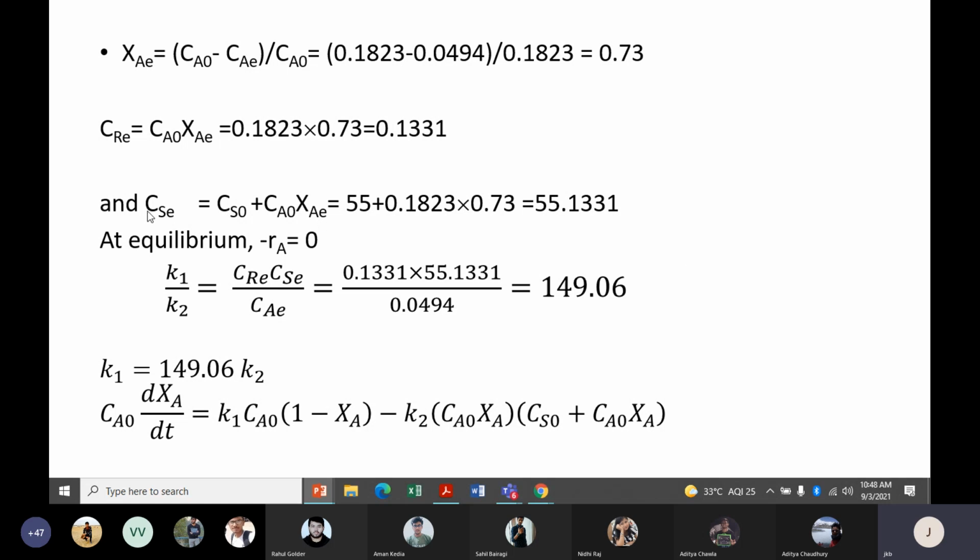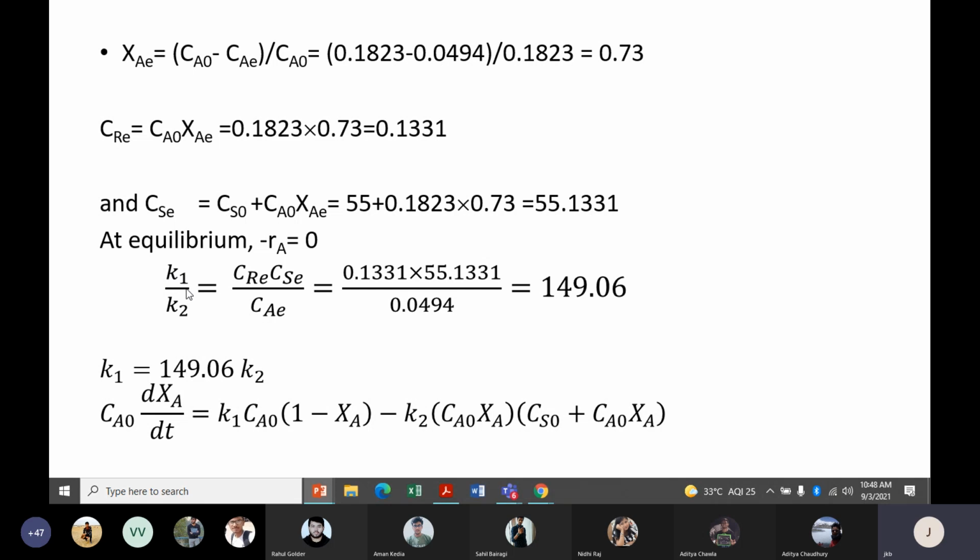So we know CSE, CRE. Calculate K1 by K2, that is product of two concentration of the right hand side divided by left hand side. This is giving the equilibrium constant, and it is 149.06.